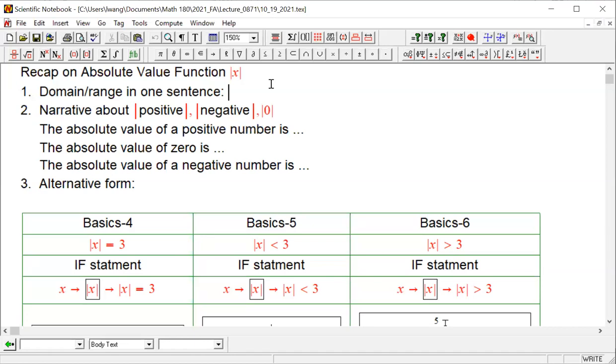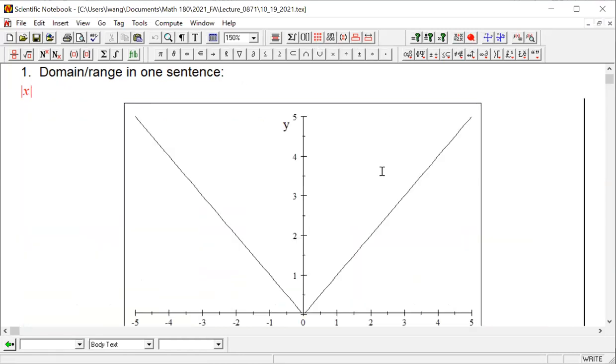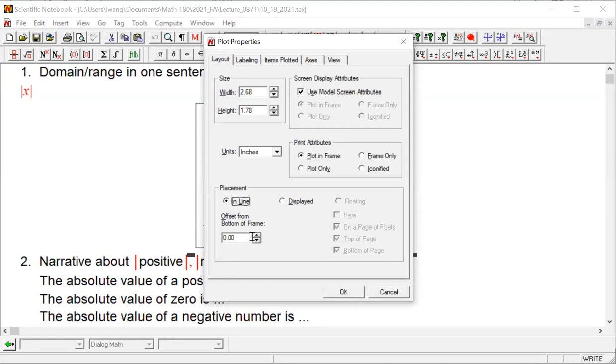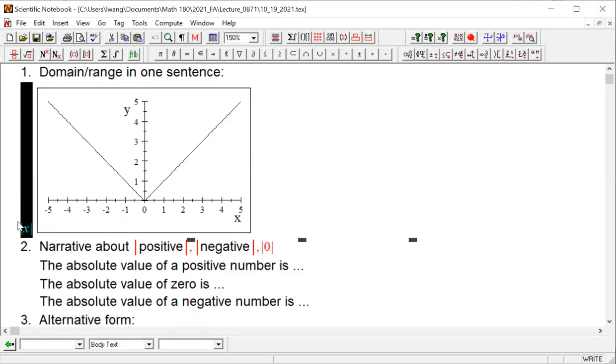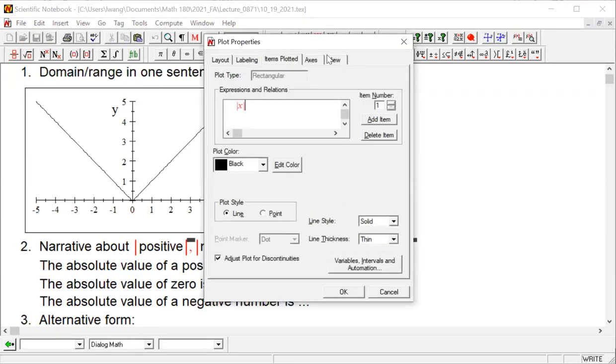Domain, range. Pictures, right? A picture is something we're very familiar with. Very familiar. What does that picture tell us, right? We went over the function extensively in the earlier chapters. Our focus is understanding. So what can you say about it?